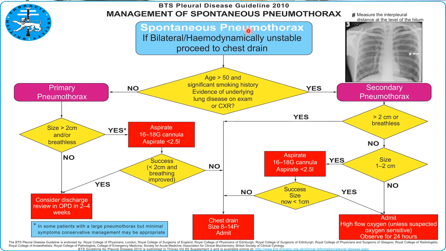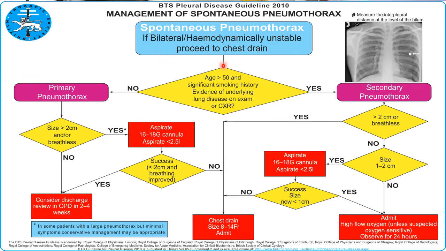But if it's a spontaneous pneumothorax that is bilateral, or the patient is hemodynamically unstable, which would be a tension pneumothorax, you need to proceed to a chest drain.